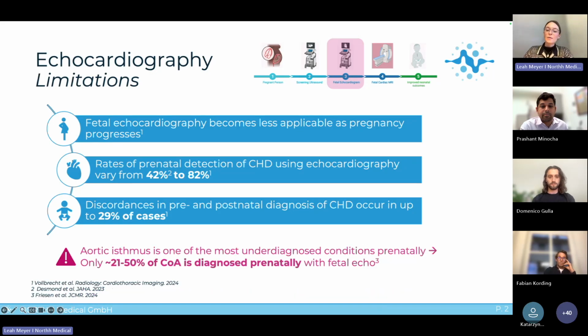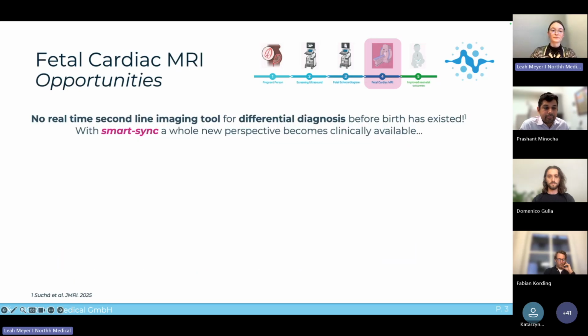And now to give an example, in practice, the aortic isthmus is one of the most underdiagnosed conditions prenatally. So only 21 to 50% of coarctation is diagnosed prenatal with fetal echo. So this will also be the talk of Domenico, clinical application-wise, showing how to best image coarctation.